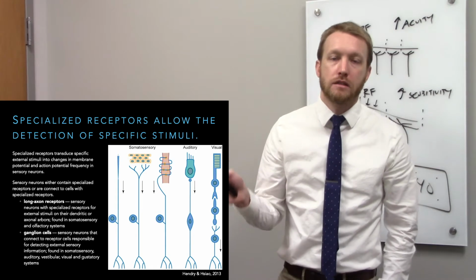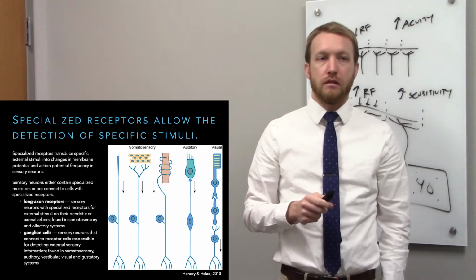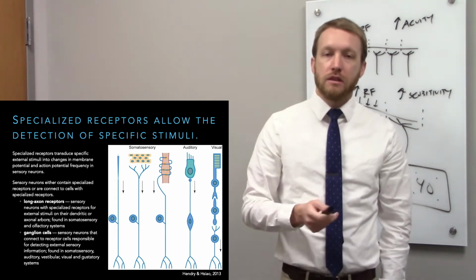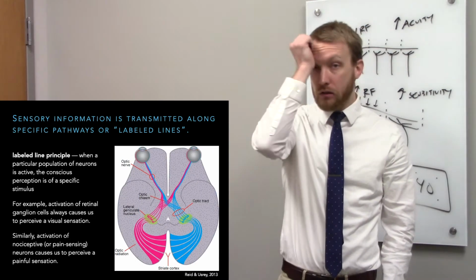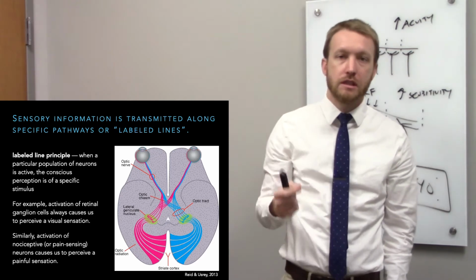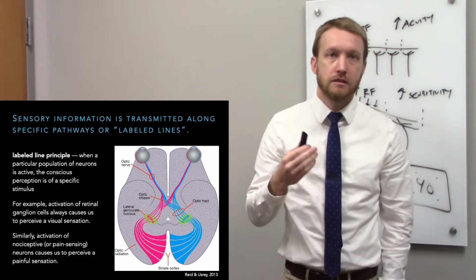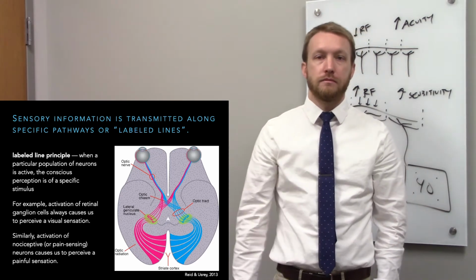Regardless of how these axons are stimulated, when they are stimulated, they create the perception. So whether you're shining light into your eye or rubbing your eye, you're going to perceive something visual. And this is the labeled line principle.